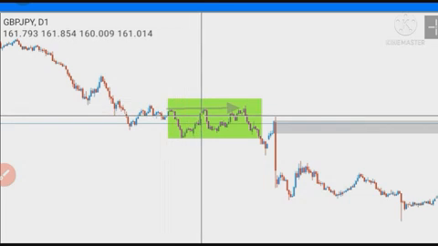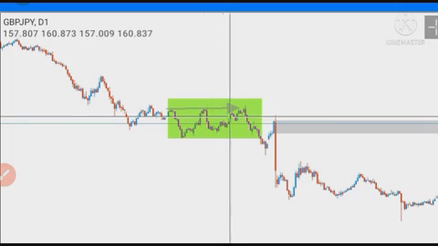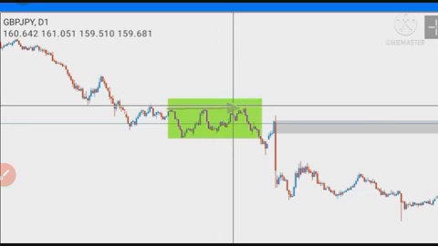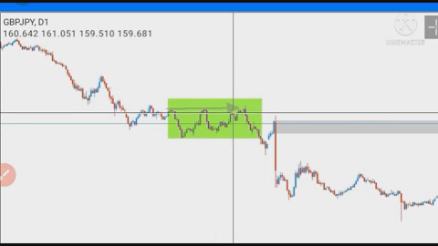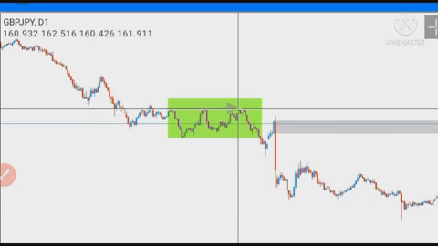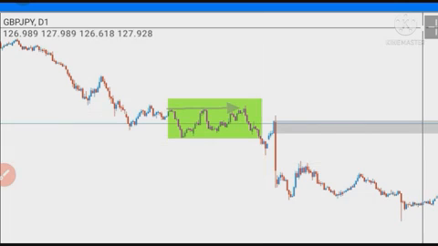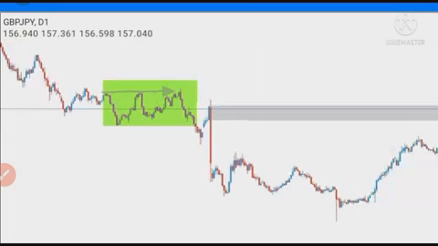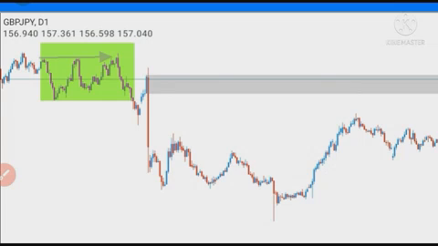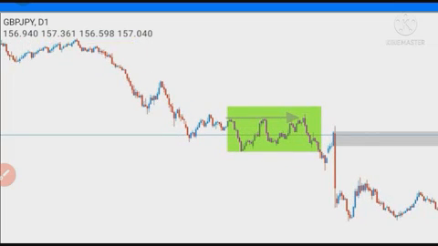And after making the equal highs, price shot up above these equal highs to grab liquidity. Immediately after grabbing the liquidity, price collapsed down. Can you see that?